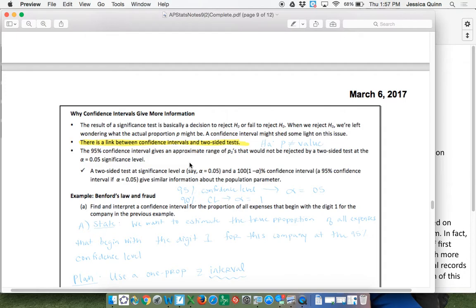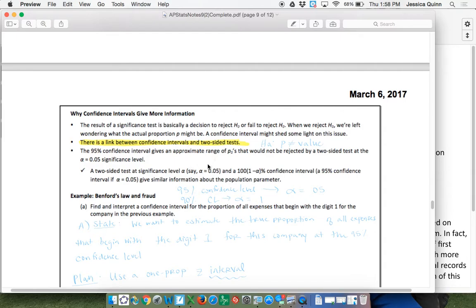Is the proportion of ones bigger than 0.301 or is it smaller than 0.301? I just know it's different enough from 0.301 that it's significant, but I don't know which direction it is. And when that happens, then oftentimes we're asked to do a confidence interval to give us what plausible values for the situation would be.